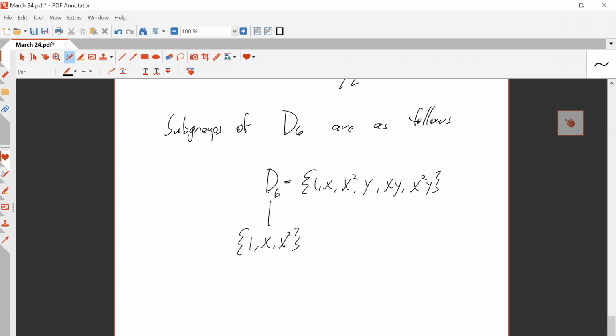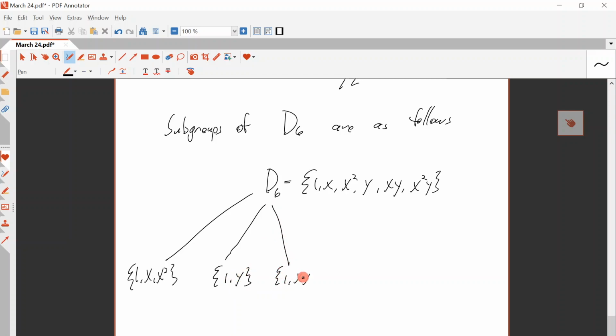And you've got 3 subgroups of order 2, one for each reflection, which are not contained in there. One subgroup of order 3, several subgroups of order 2: 1, y; 1, xy; and 1, x squared y, and then you've got your subgroup of order 1.